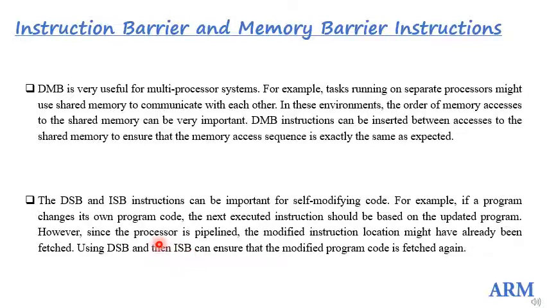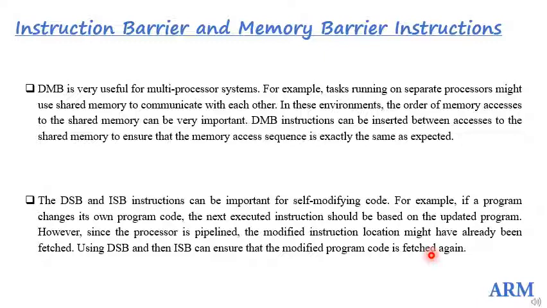However, since the processor is pipelined, the modified instruction location might have already been fetched. So using DSB and then ISB can ensure that the modified program code is fetched again. Because the program counter will be already holding the address of the next instruction to be executed, the next instruction would have been fetched already.